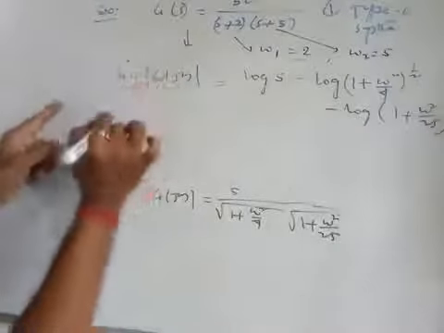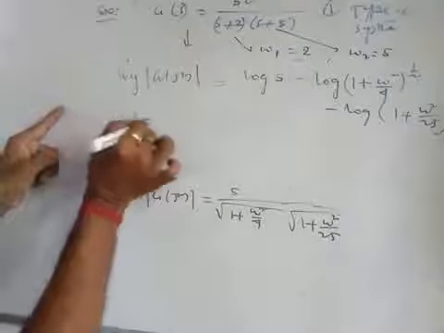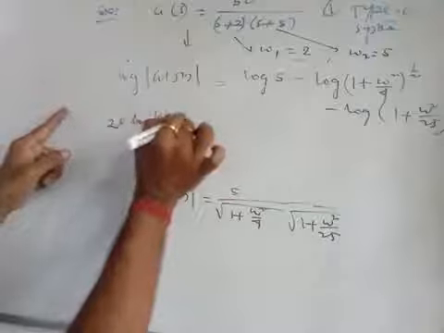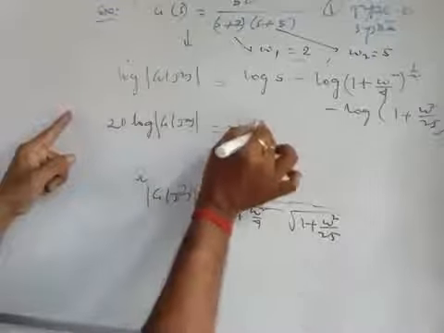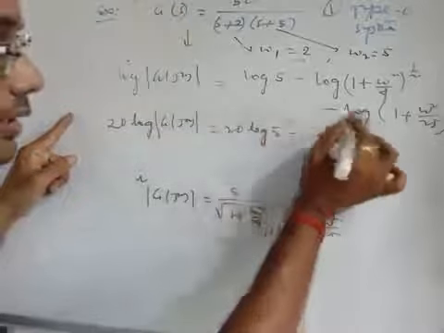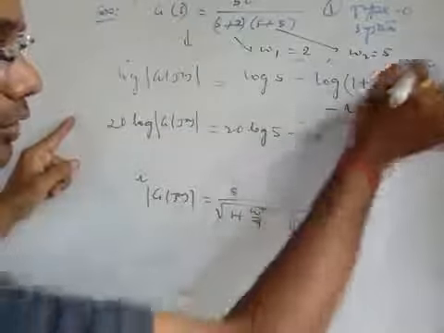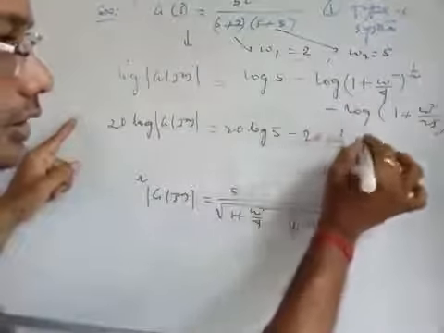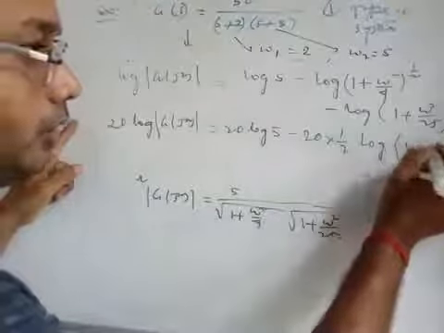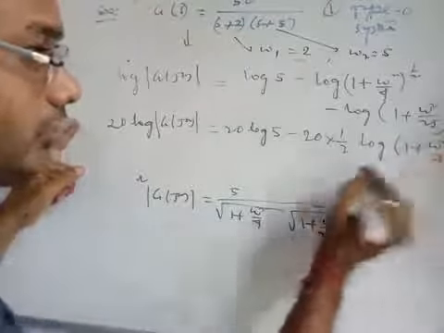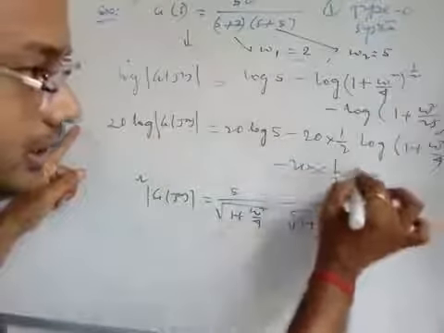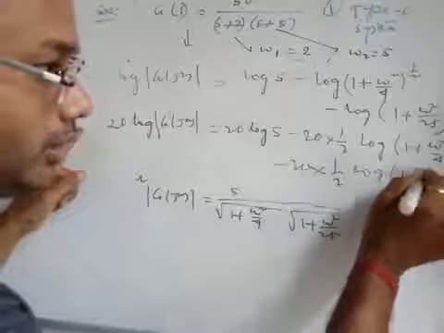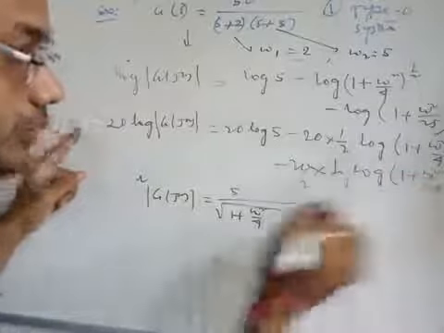Now 20 log of mod of G(omega) will be equal to 20 log of 5 minus 20 into half into log of (1 plus omega square by 4), minus 20 into half into log of (1 plus omega square by 25), right?